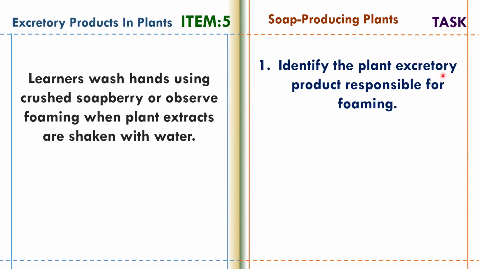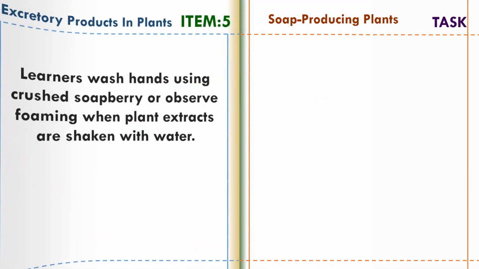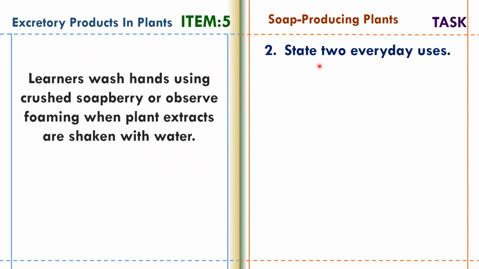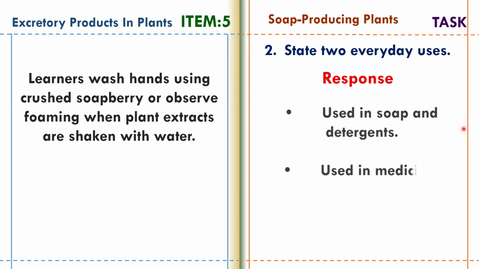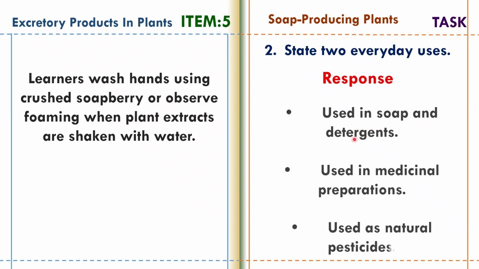Identify the plant excretory products responsible for foaming. Saponins. State 2 everyday uses. Used in soap and detergents.